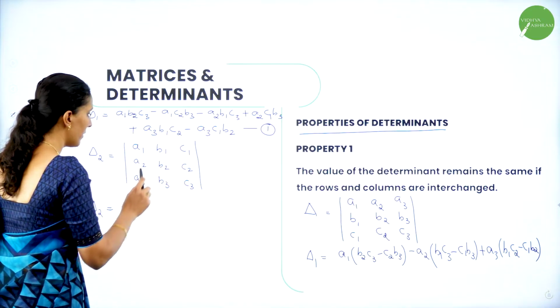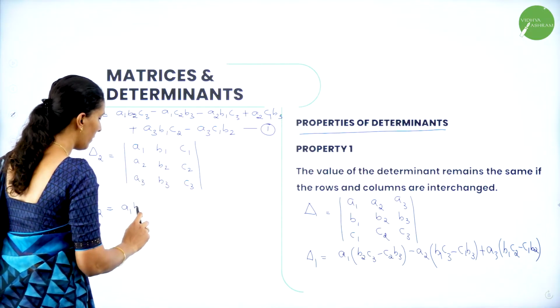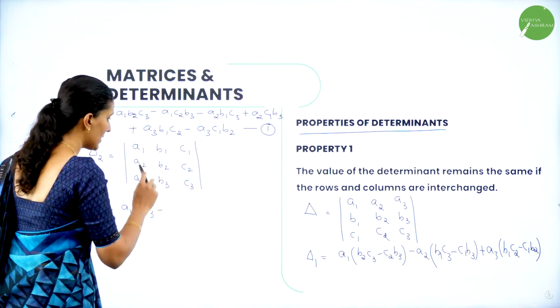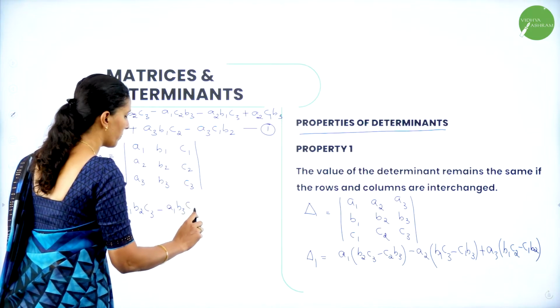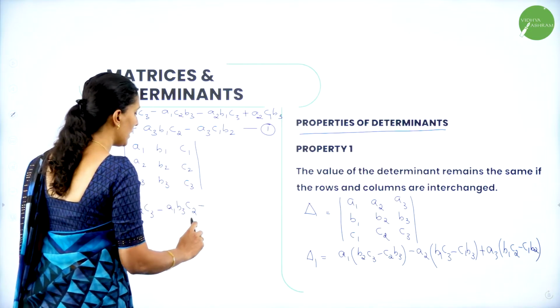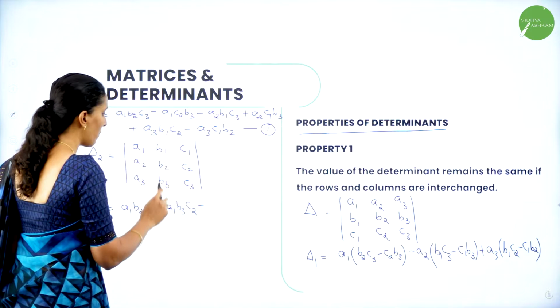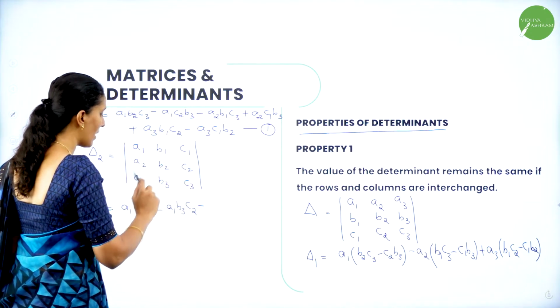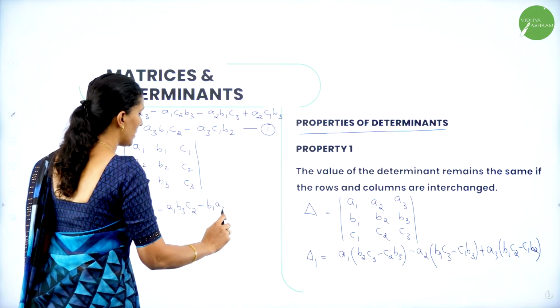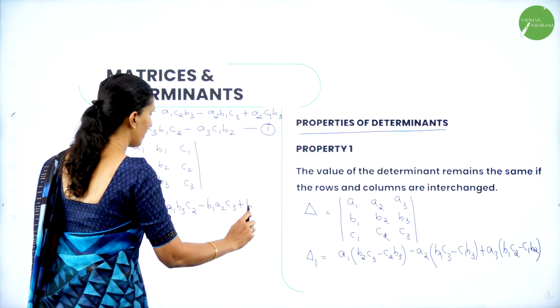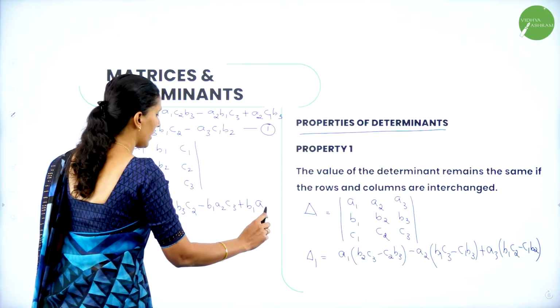So A1 becomes B2 C3 minus, again, A1 B3 C2. Next, minus B1. So we have B1, leave the row, A2 C3 once, next A3 C2. So B1 A2 C3 plus B1 A3 C2.